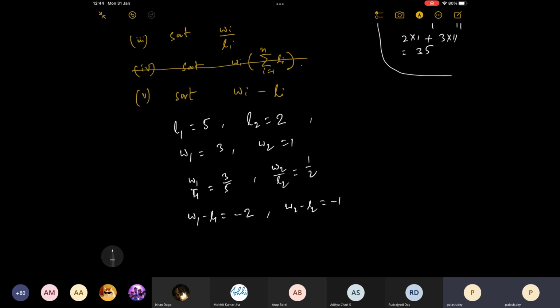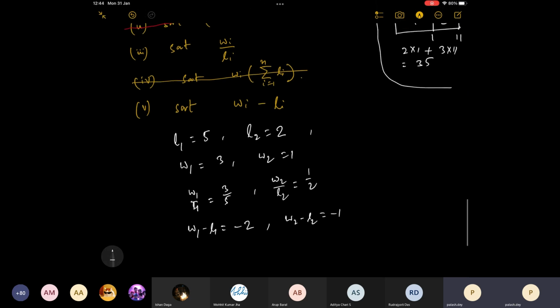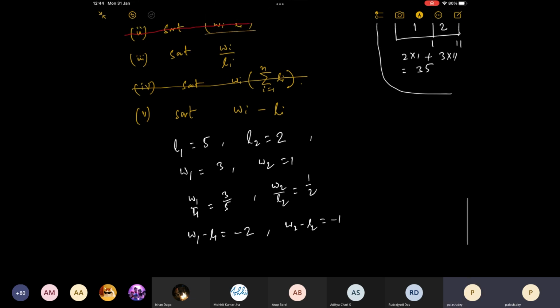That is good. This is exactly what I wanted. If I look at Wi by Li, then I should do the first job first. This is the output of the third approach: the first job first and then the second job.